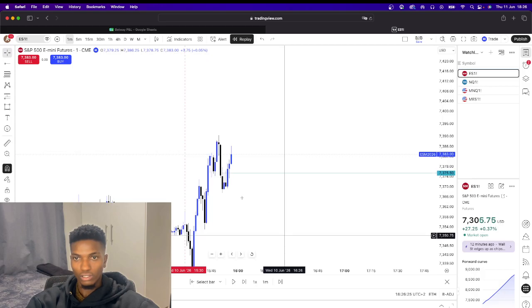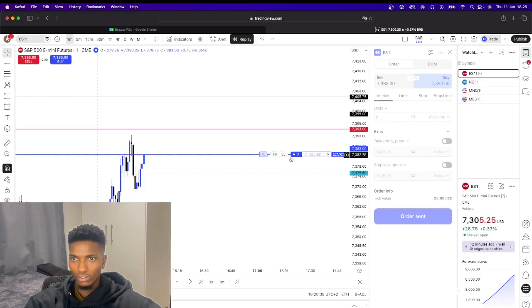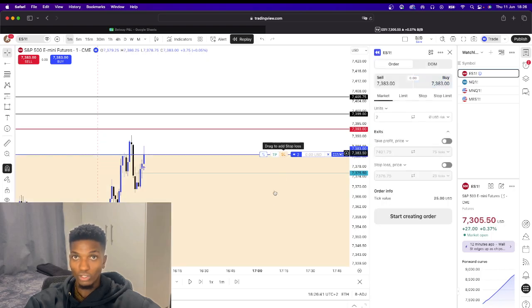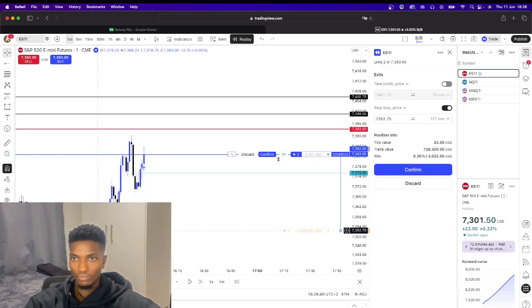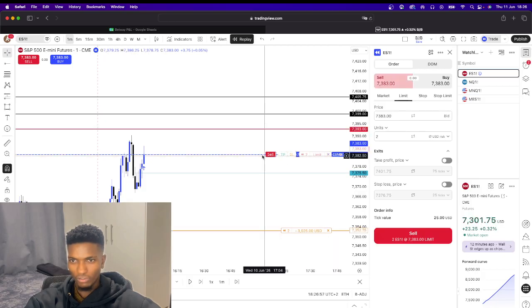Let's see. Okay, so we're going to say buy there. I'm going to say 2 lots because there are multiple draws of liquidity that we can target. Then my stop loss will be on the second low, not this one but the second one down here. Then my first take profit will be the Asia high.